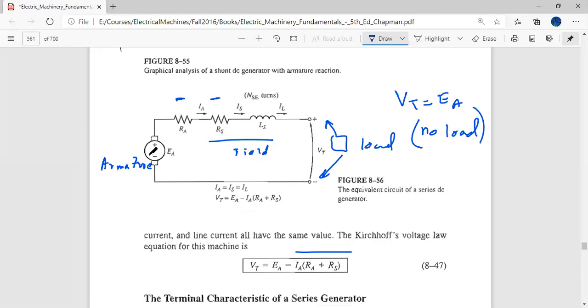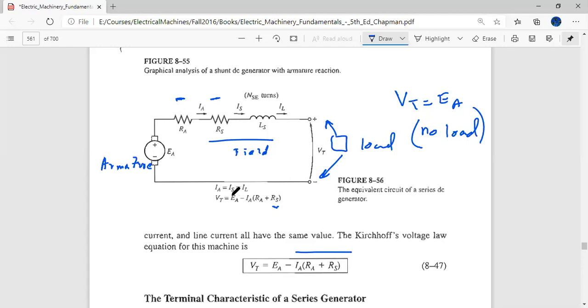So VT is equal to EA minus IA, and instead of just RA, it is equal to RA plus RS, because the field is also contributing to the loss, because the field is not in a separate circuit as in a separately excited DC generator, nor is it in a parallel circuit where it is not affecting the load. So over here it is in series. Both these resistances are in series with the load, so they contribute to the drops.